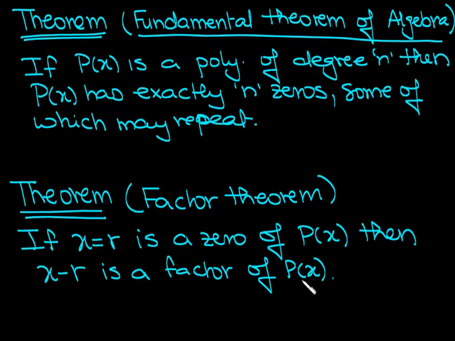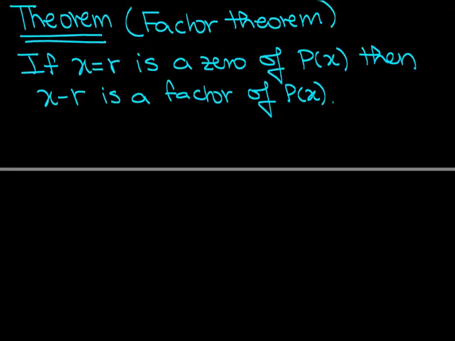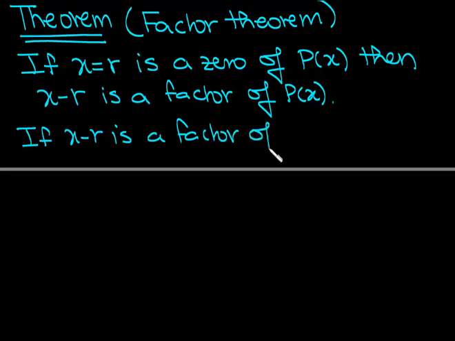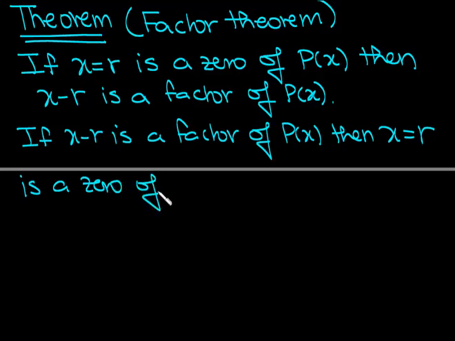Okay, and I'll give you an example of that in a second. So if x is equal to r is a 0, then x minus r is a factor of p of x. And the other variation of this is if x minus r is a factor of p of x, then x is equal to r is a 0 of p of x, the opposite direction of that.